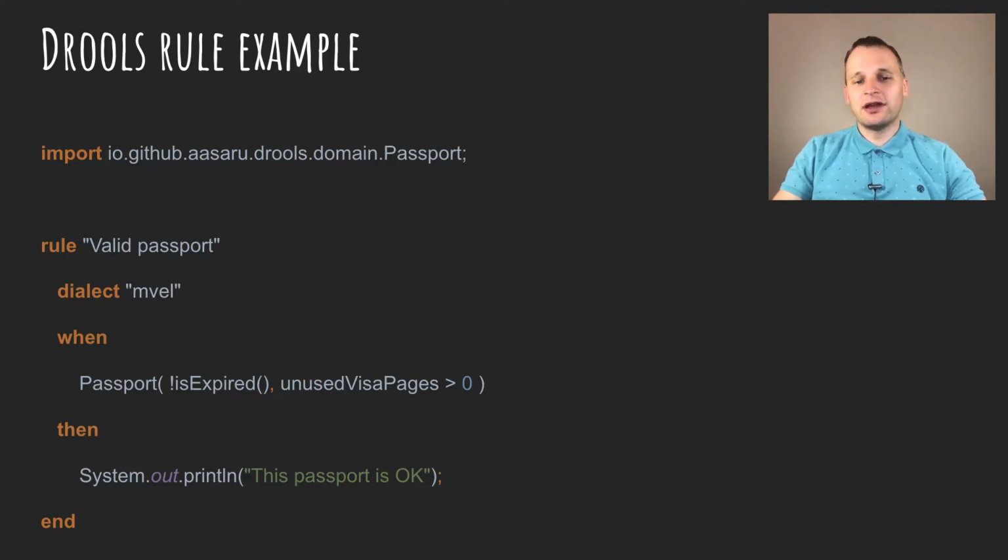So first, if we called is expired on this object, it would have to return false. This is the exclamation mark, the same as Java. And the comma stands for and. Get unused visa pages should return a positive number. The then part is just a system out print line. It's regular Java code.